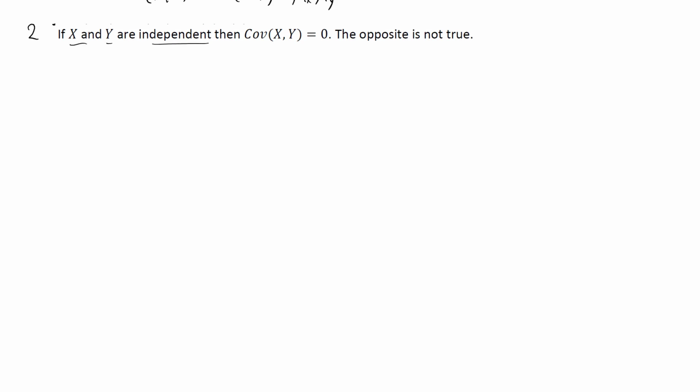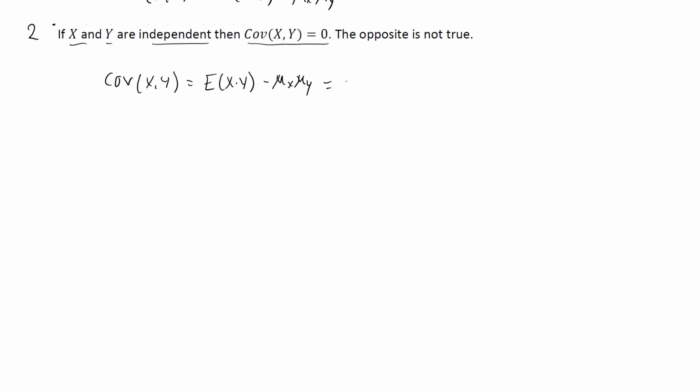The second important covariance result is the following. If X and Y are independent random variables, then the covariance must come out to be 0. This is not hard to show if we use the first one. Covariance of X and Y is E[XY] minus mu_X mu_Y.